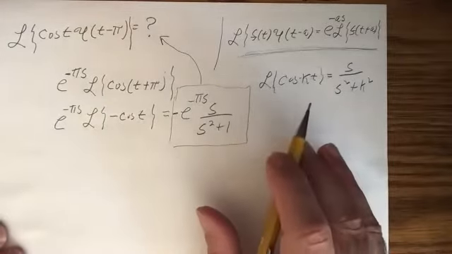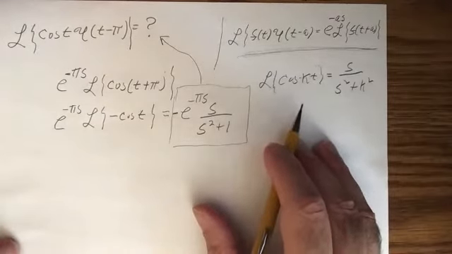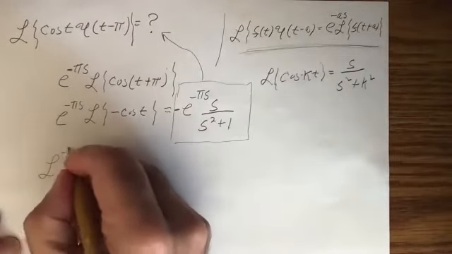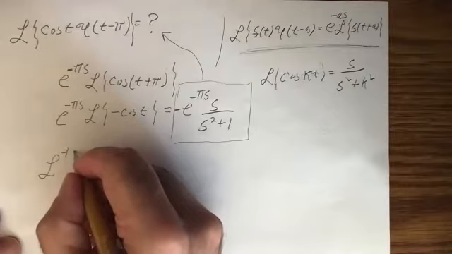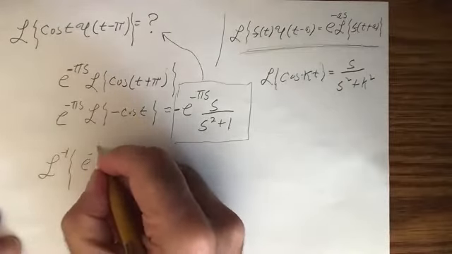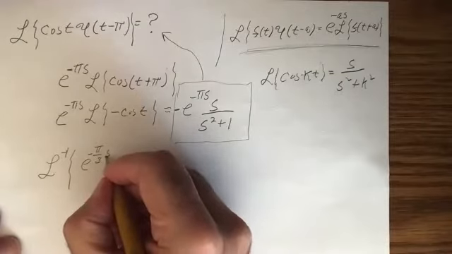Now, what becomes more difficult is the inverse. So let me give you a second. See if you could use the property for inverses and come up with the Laplace transform of this.